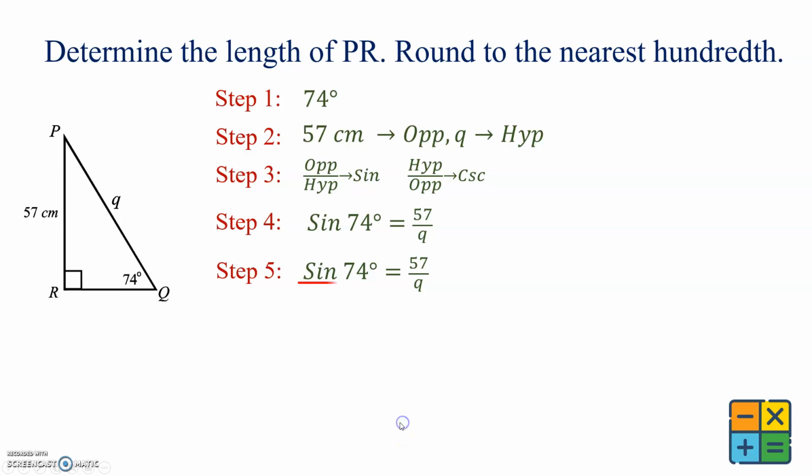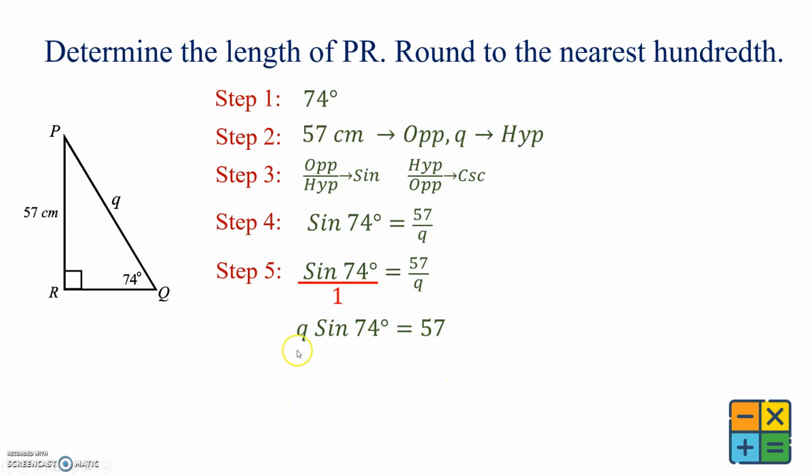One suggestion is simply to create a proportion. Now I'm going to go through all the steps, but after we complete the steps, we'll see a pattern so we can avoid all the work. Because I've created a proportion, since middle grades, we solve proportions by cross multiplying. So sine 74 degrees times Q gives us Q sine 74, and the 1 times 57 is our 57.